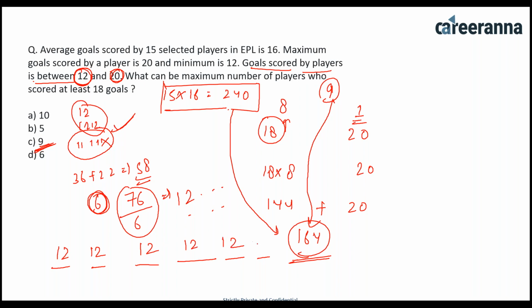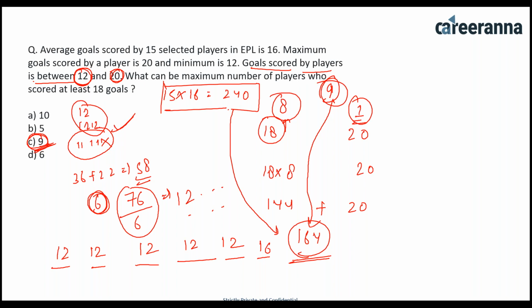What is this? 60. Can I do it? Is it clear to everyone? So the maximum number of players who score at least 18 becomes 8 plus 1, which is 9. So the answer for this question is 9.